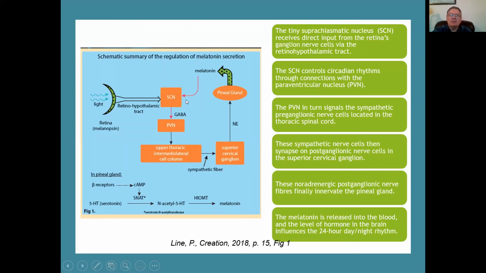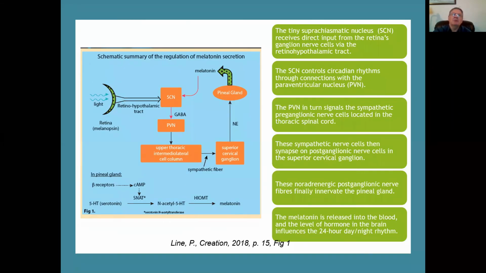So the SCN receives direct input from the retina's ganglionic nerve cells via the retino-hypothalamic tract, thereby allowing eye-light exposure to synchronize the body's 24-hour internal clock. Now, the SCN controls circadian movements through connection with another hypothalamic nucleus, the paraventricular nucleus, the PVN.